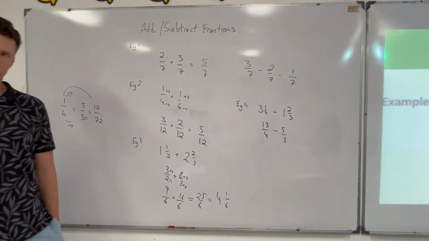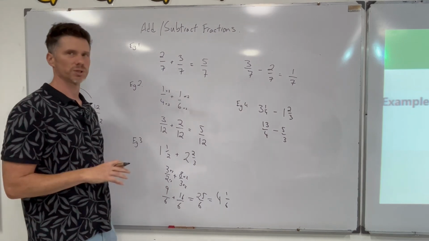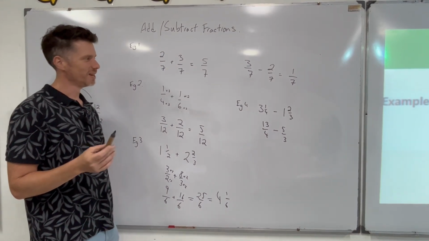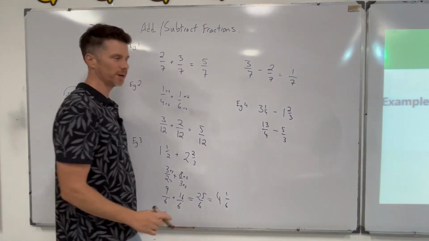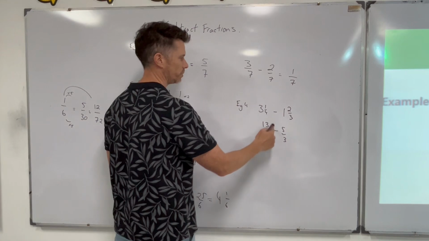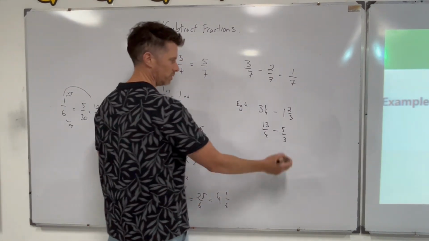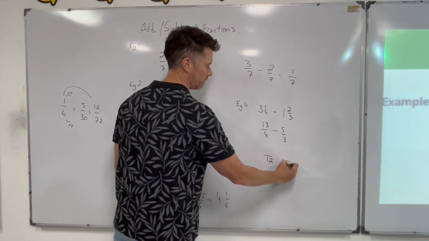If you ever cannot think of a denominator, what's a trick I can always use? Yeah, the cross method. I can just multiply these two together and that will always give me a denominator. And if I do that, I can multiply in diagonals to get the numerators. So I'll do that this time. 4 times 3 gives 12. That means both denominators are 12.